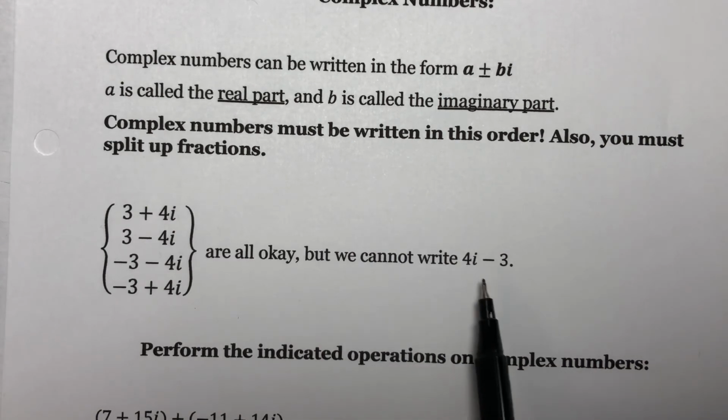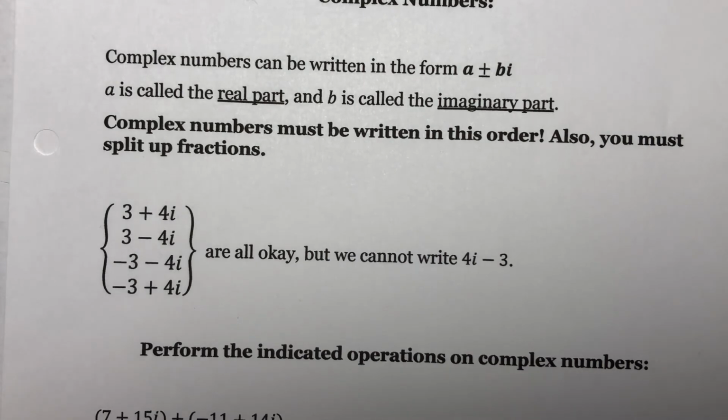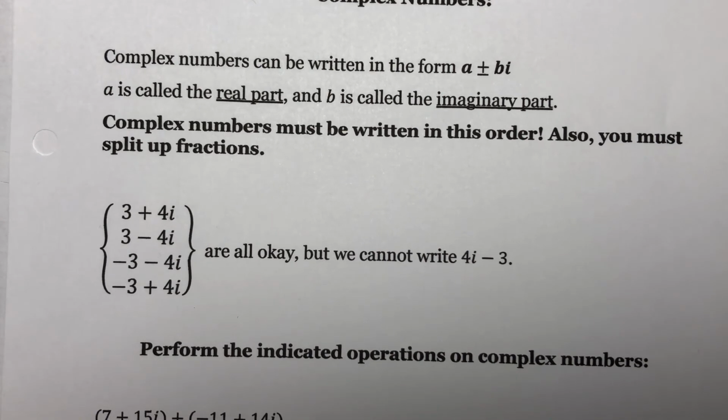It's just not going to be in the right form. The reason that people get so picky about this is that all the computer programs that deal with imaginary numbers have you enter the real part and the imaginary part in this order. So if we don't write it that way, then we end up messing everything up.